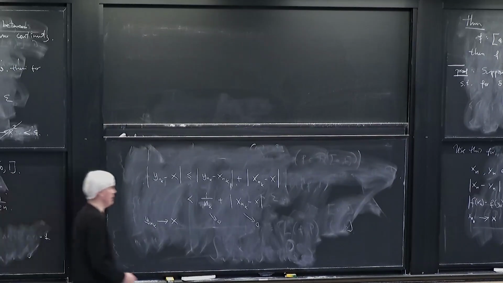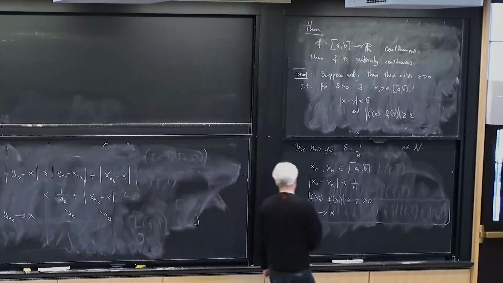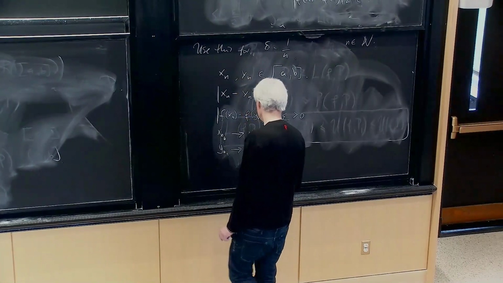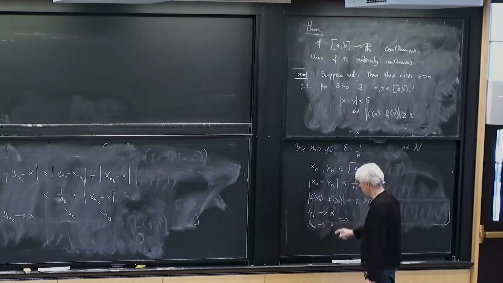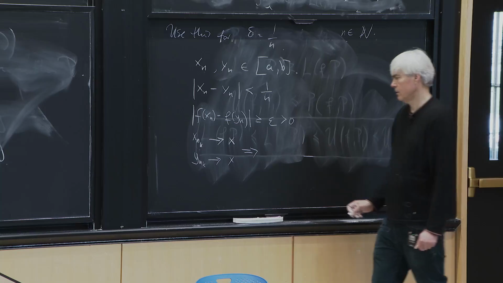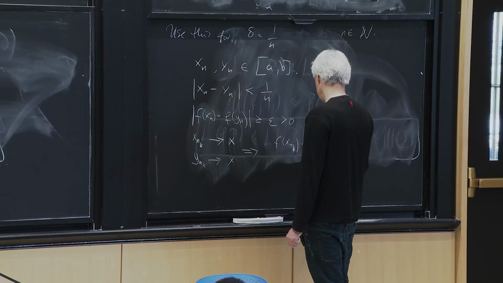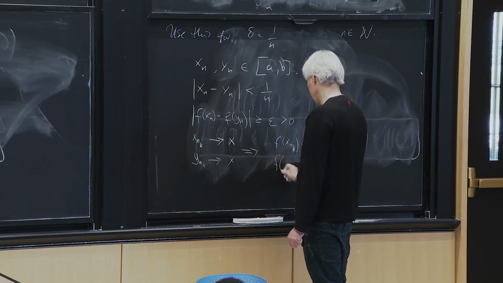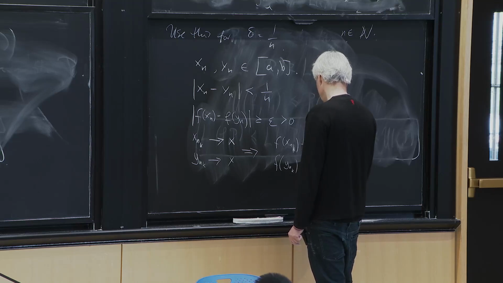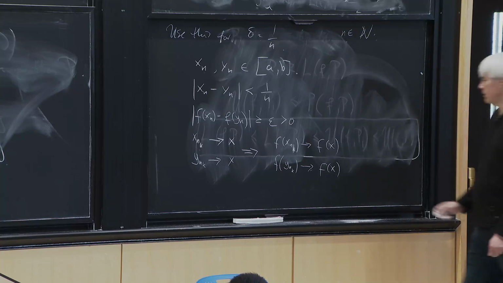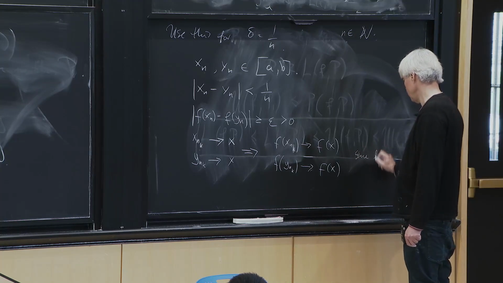Now this, together with the fact that the function is continuous, means that f(x_{n_k}) converges to f(x), and f(y_{n_k}) also converges to f(x). This is just since f is continuous.